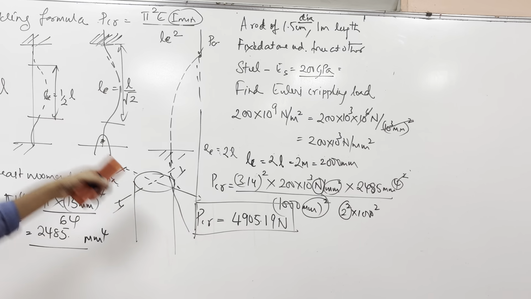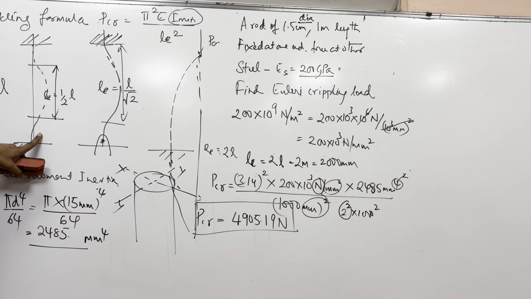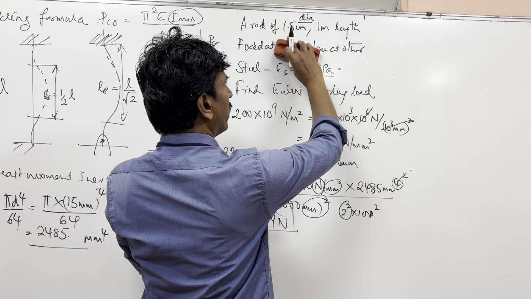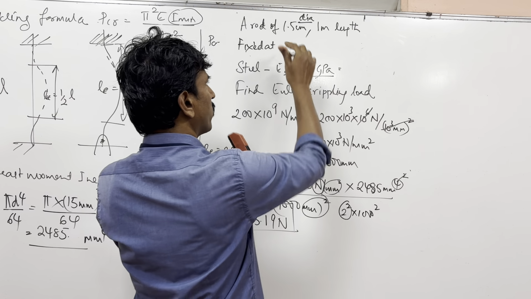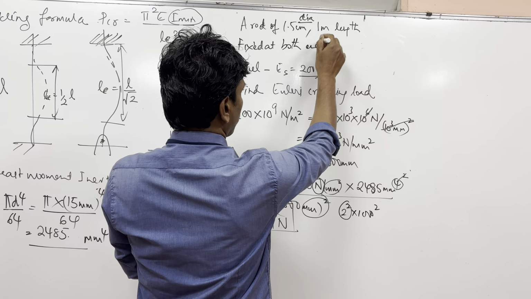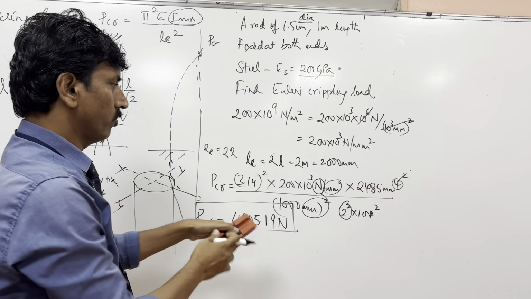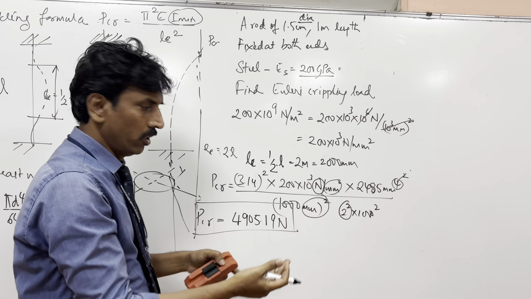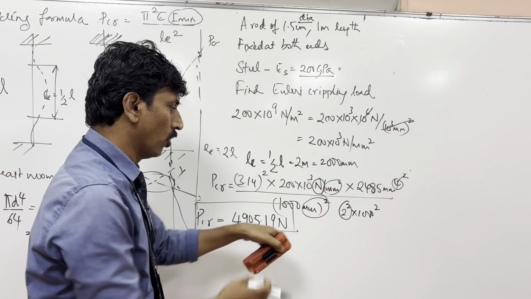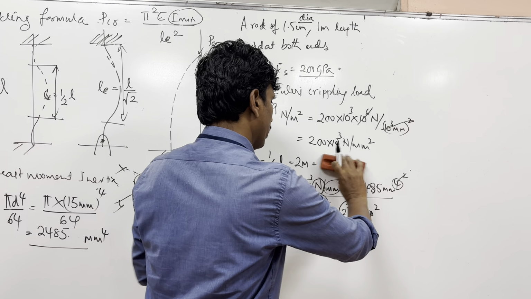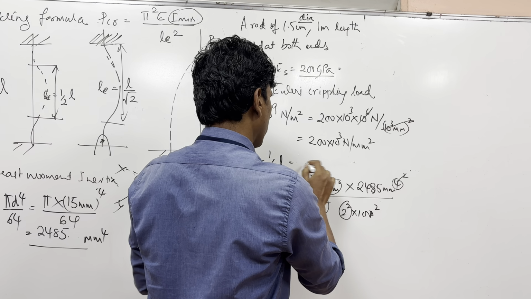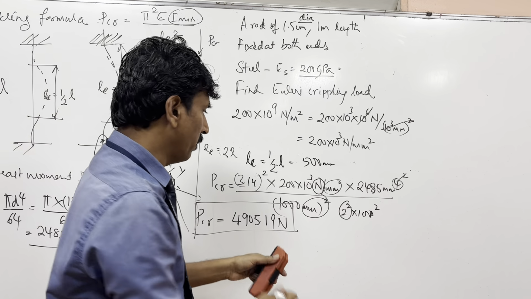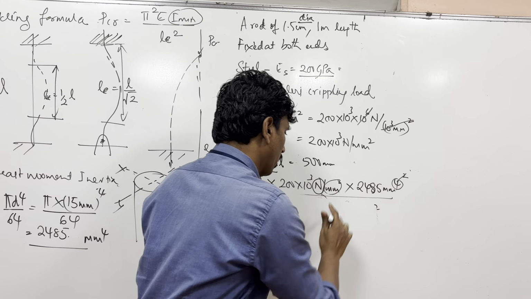Like this, suppose instead of fixed at one end and free at the other, it was fixed at both ends, then L would have become what? L by 2, half L. So half L means how much? 500 mm. 500 mm is as good as saying 1000 divided by 2.